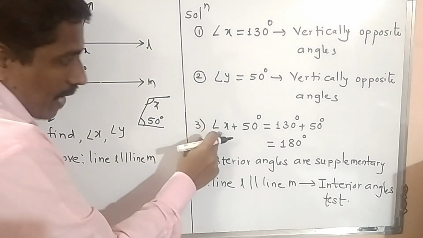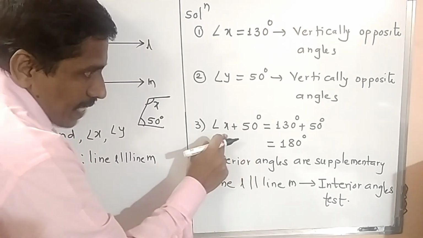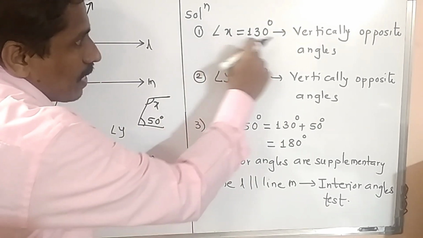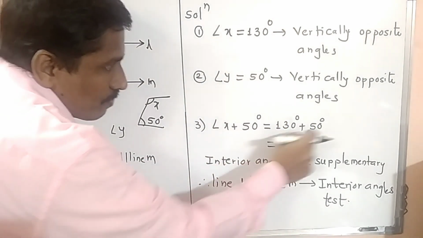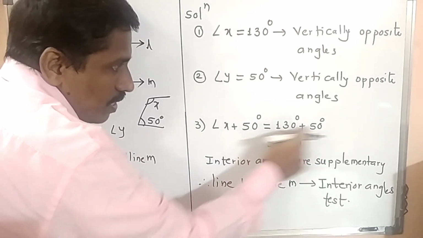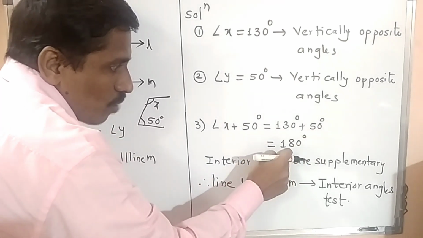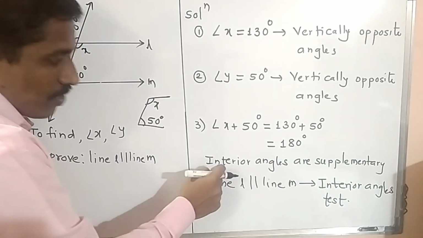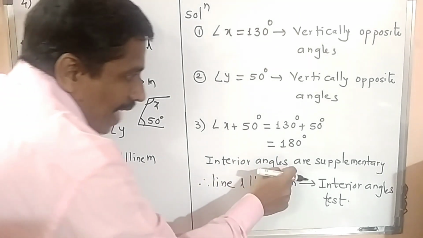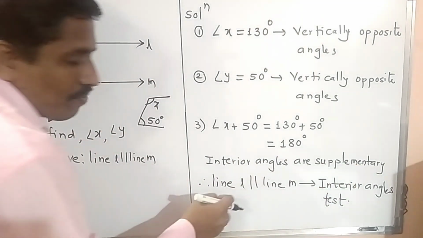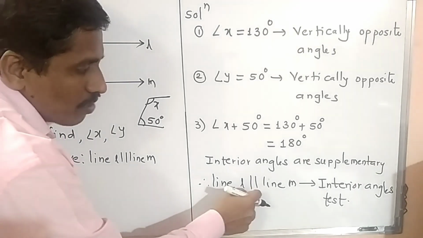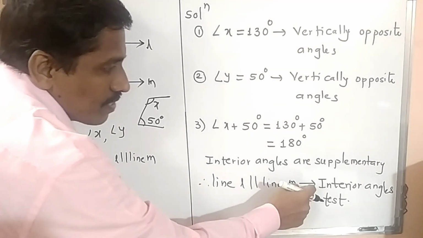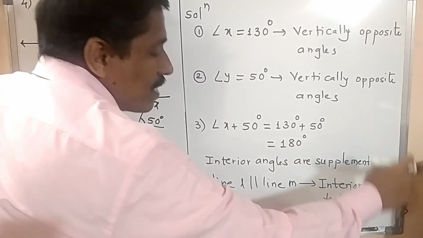Now here I will add X and 50. I know the measure of angle X is 130, plus 50, that is 180 degrees. Here interior angles are supplementary, and therefore line L is parallel to line M. Reason, interior angles test.